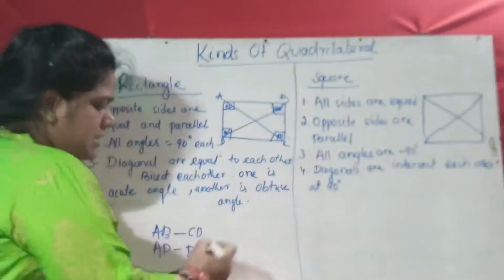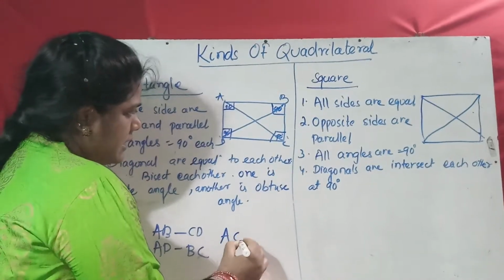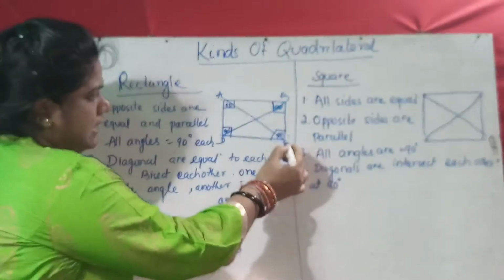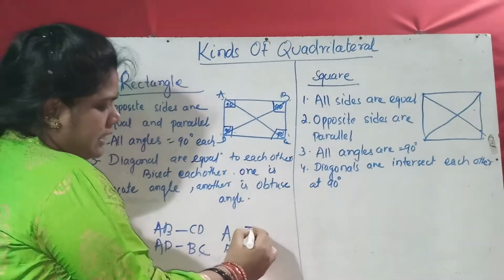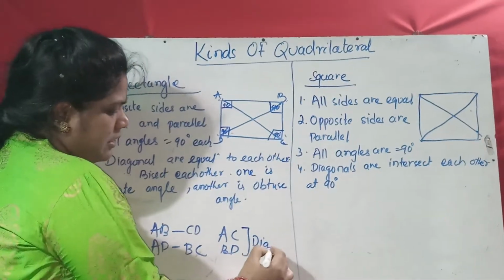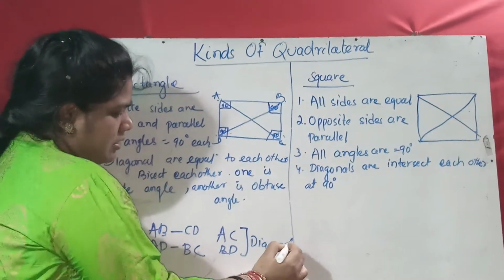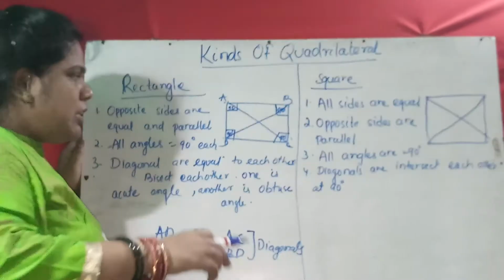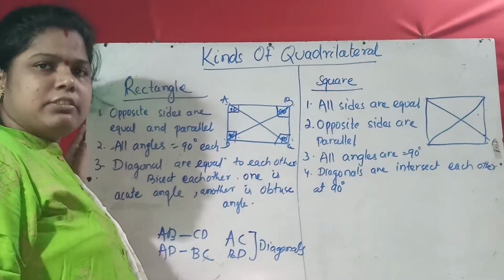Which are the diagonals? AC and BD. They are called the diagonals of a rectangle. And they are equal to each other and they bisect each other.